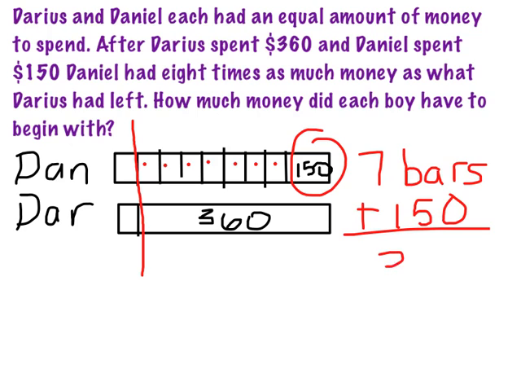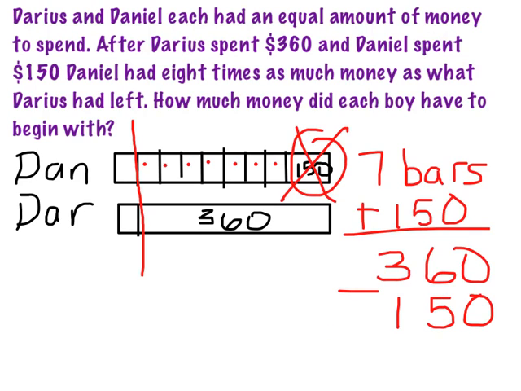That's going to give me 360, because as you can see, this is the same as this and this is 360. Again, I want to get rid of that 150. I don't want that there anymore. So to take away 150 from both of them, I'm going to subtract. Take away 150.